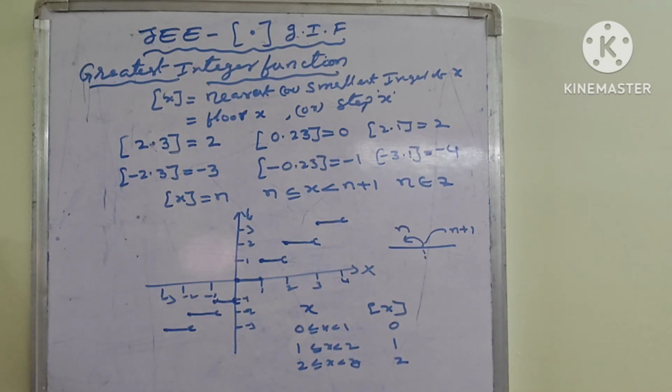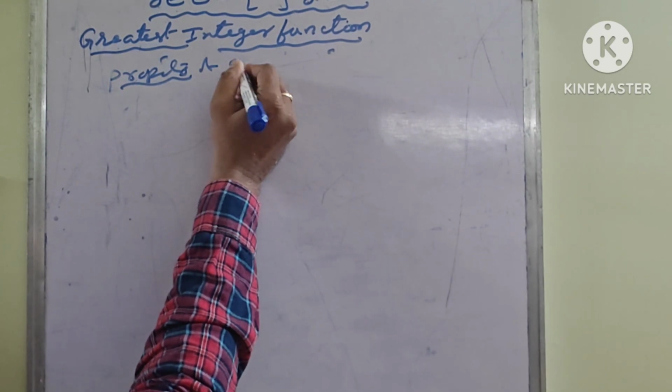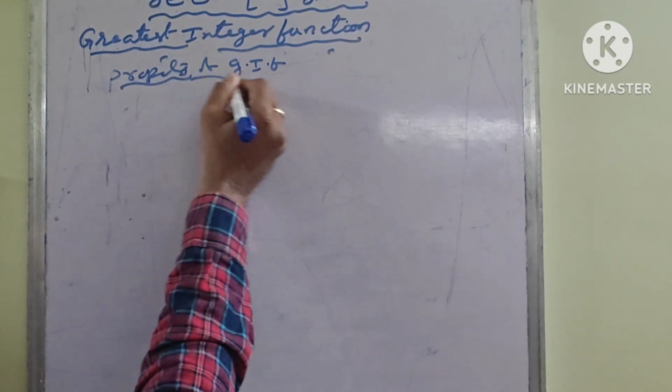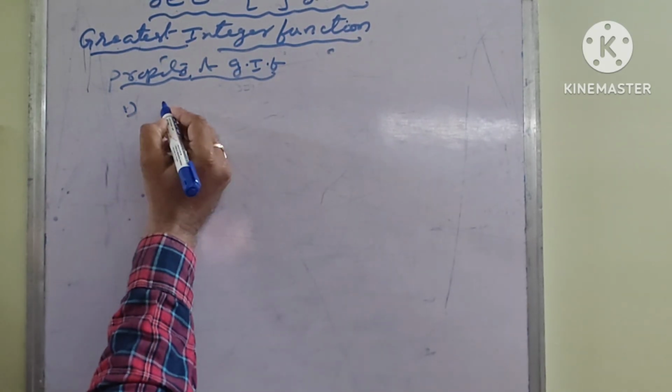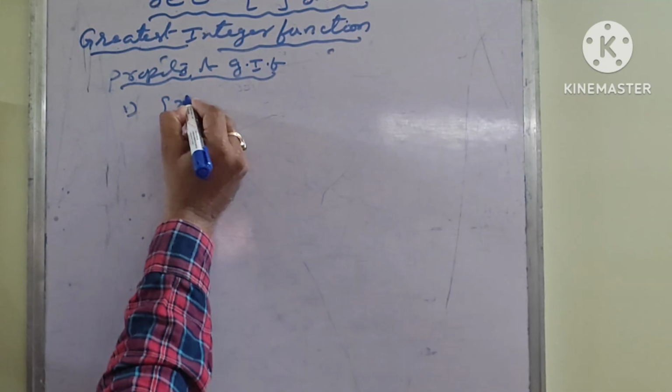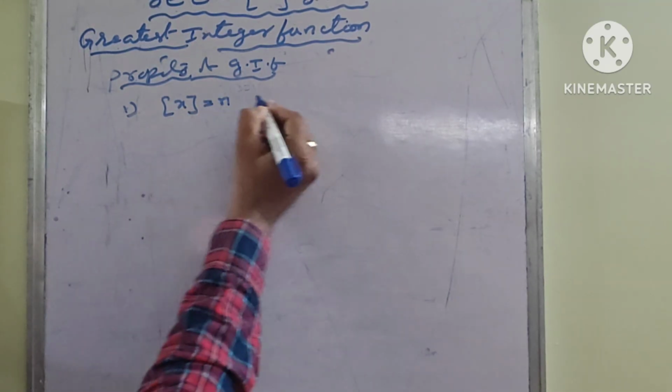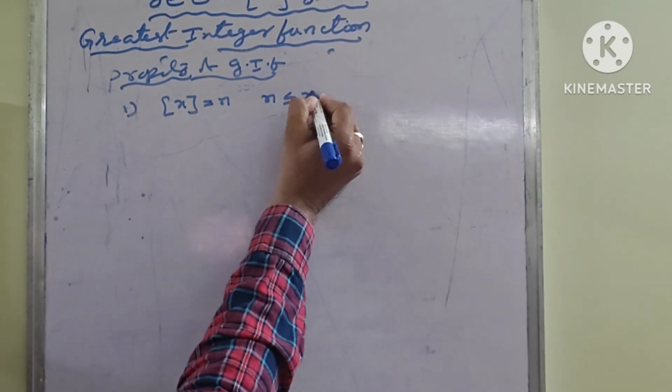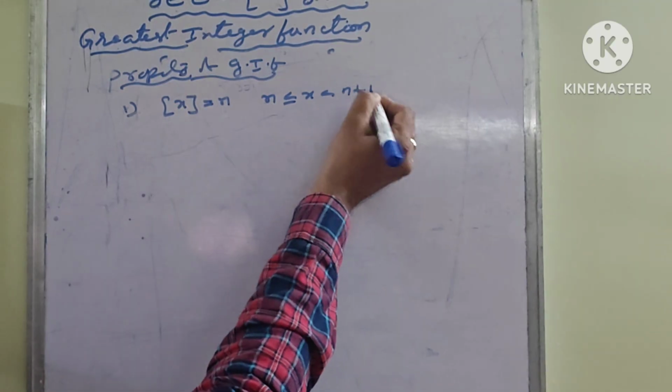Now the properties of GIF. The first point is that step x is equal to n if n is less than or equal to x less than n plus 1.